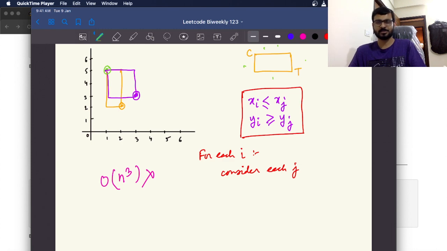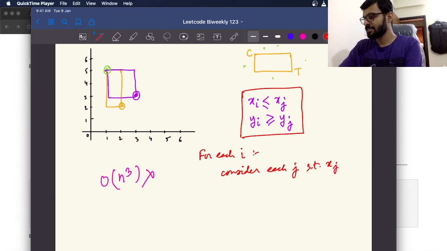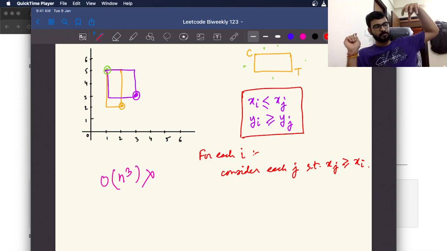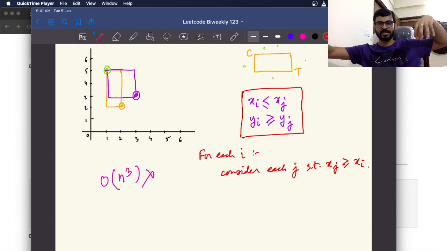So what can I say? The first thing that I can say is, okay, for each i, if I want to consider each j such that xj is greater than or equal to xi. This is done. If we know this, can we say it is prudent to sort all the points by the x values? If I sort all the points, that means for every point, all the points to its right are present to the right in the array.